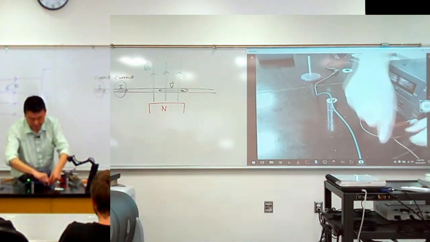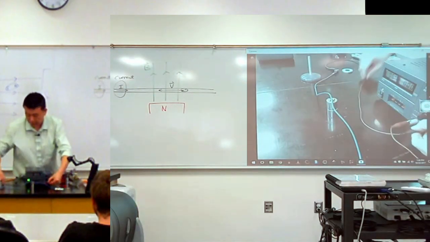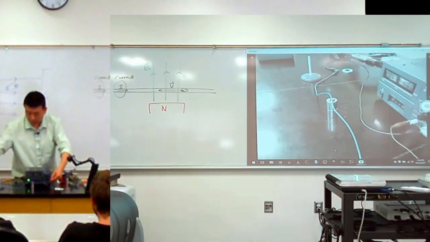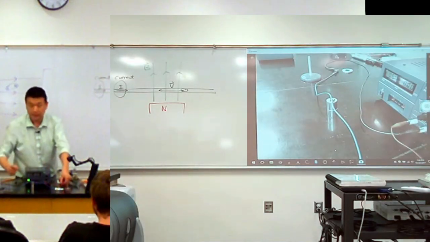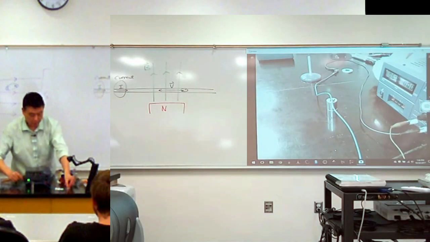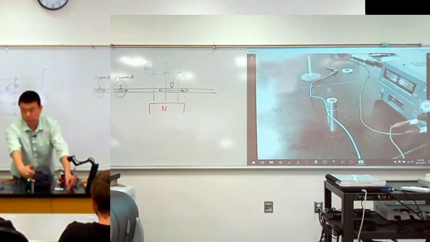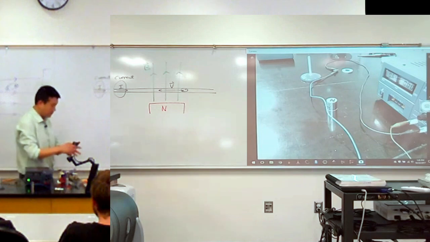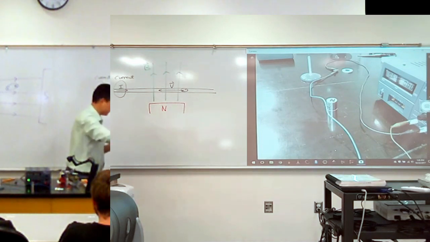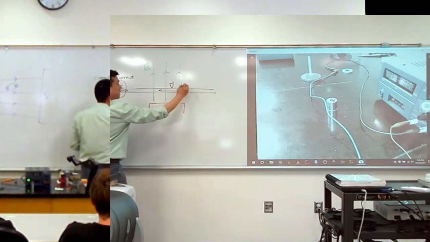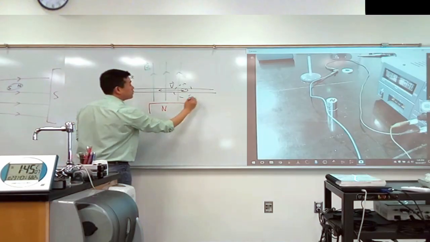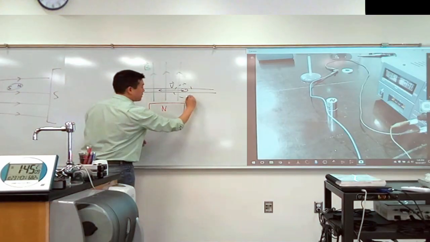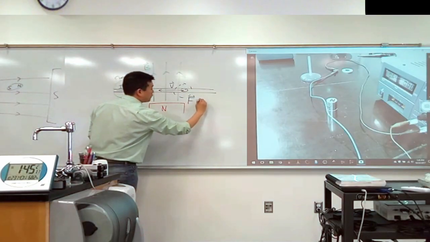This is the positive end, current comes out over here and flows through from left to right. When set up that way, the wire gets pushed that way. So the force in this case is coming out of the board. In this picture, as this electron flows through, the force on that electron is out of the board.